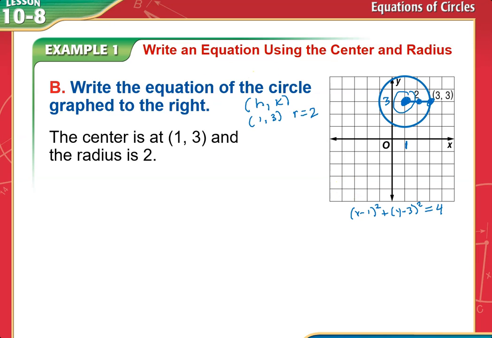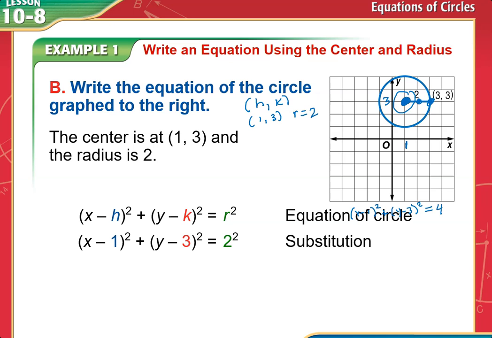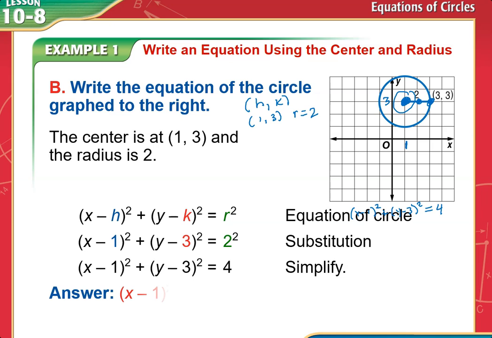So again, the center is at (1, 3), the radius is 2. We have our equation of our circle. So then we can use substitution, and then simplify, and we have a final answer of (x minus 1) squared plus (y minus 3) squared equals 4.